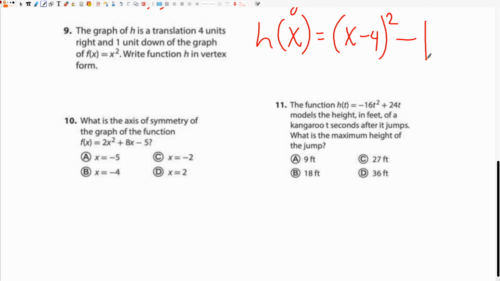Easy as pie. x minus 4 squared minus 1. That's not hard if you know what all the parts mean.